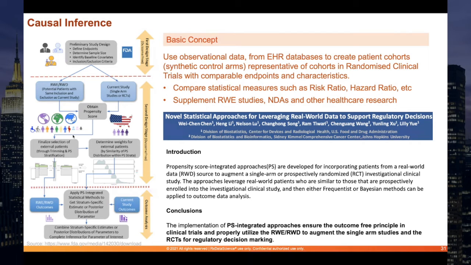Using propensity score matched cohorts and inverse probability treatment weighting, IPTW, you create a cohort using your EHR RWE dataset, you apply the inclusion-exclusion criteria, and you compare the hazard ratio. So you see what the mortality was for a set of patients who have the same characteristics as a set of patients who were in a randomized clinical trial.